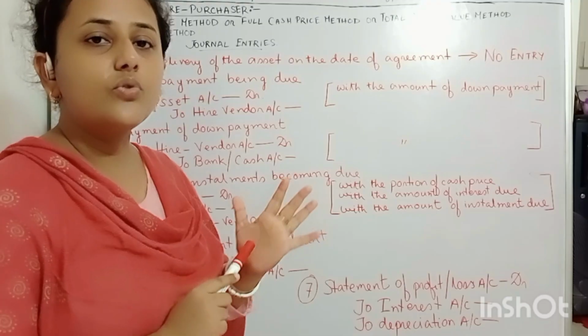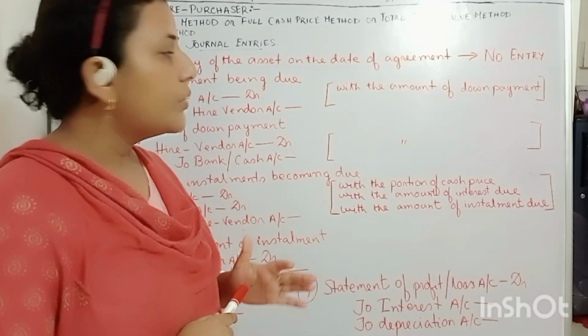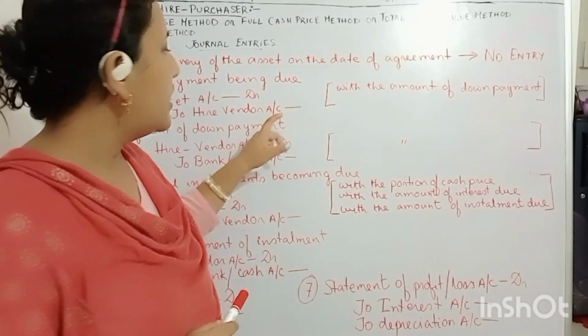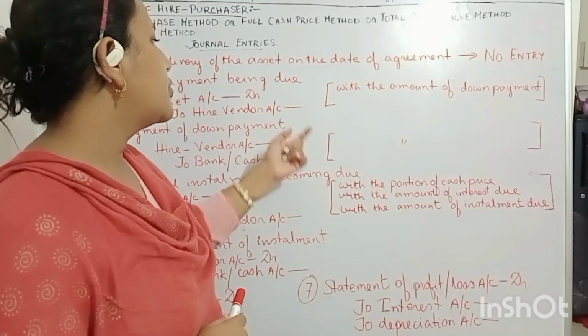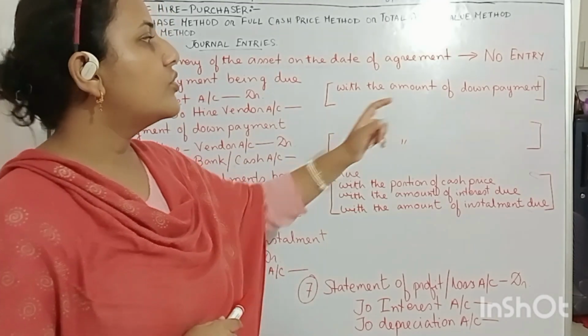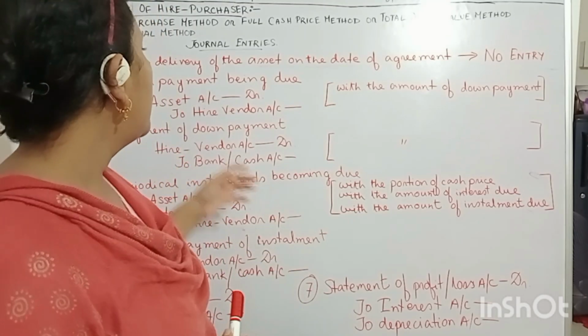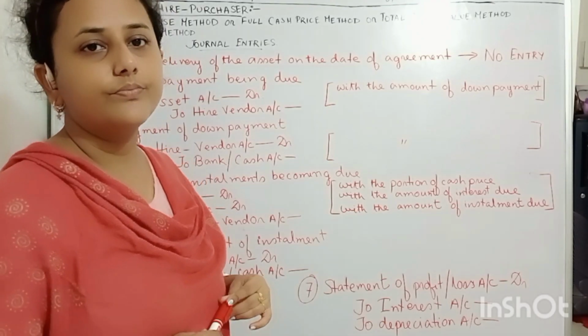Asset account will be debited because here asset goes up, so it should be debited, and at the same time liability also increases, so it should be credited, with the amount of down payment.